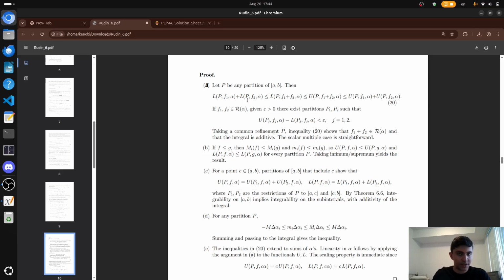Because the infimum of x plus y is greater than the infimum of x plus the infimum of y, if you think about it. Because when you add values together, at that point where one has the infimum, the other one may not have an infimum.